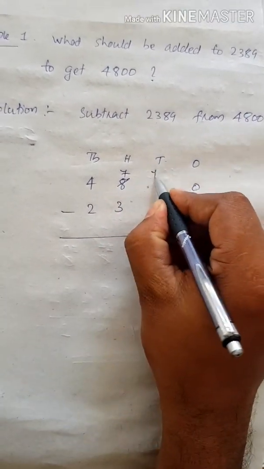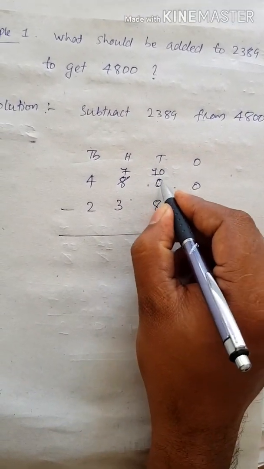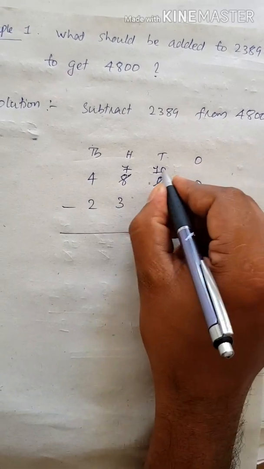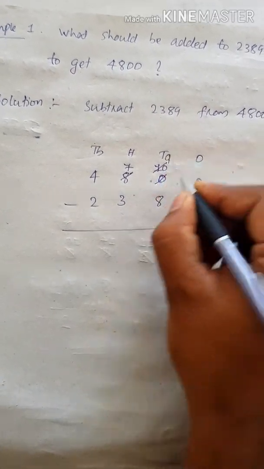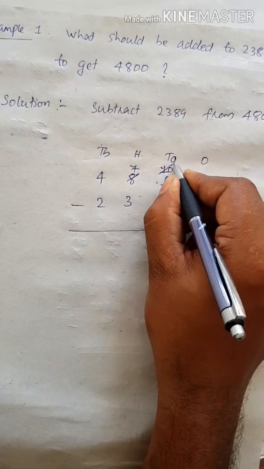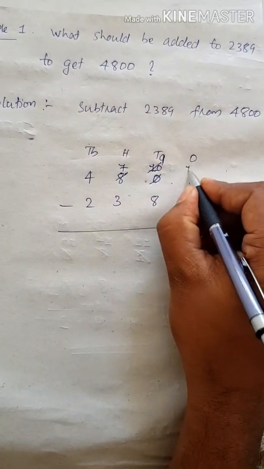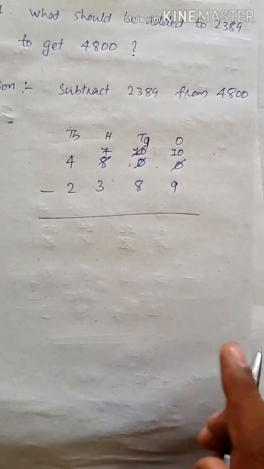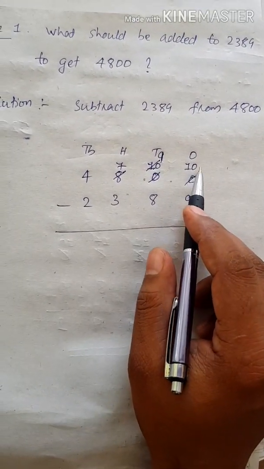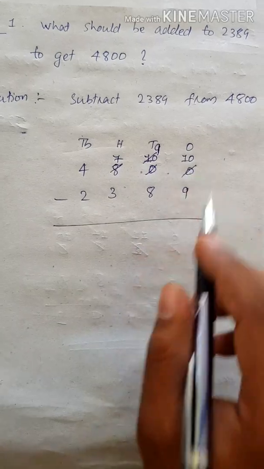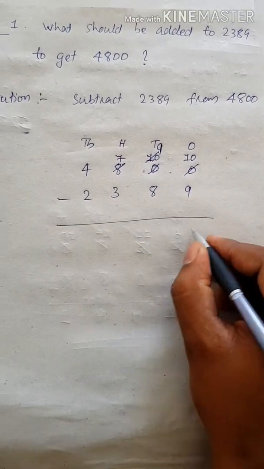I take 1 from the hundreds column and this number will become 10. After that we have to take 1 from this number, so this number will become 10. Now it's 10 minus 9, which gives us 1.